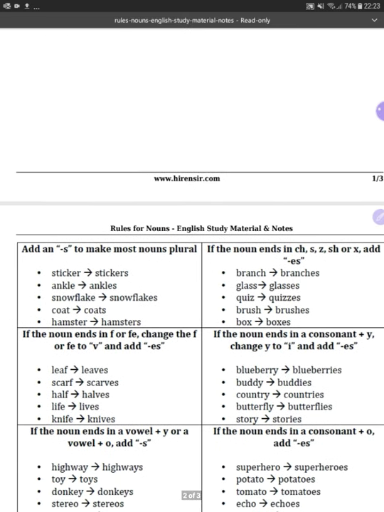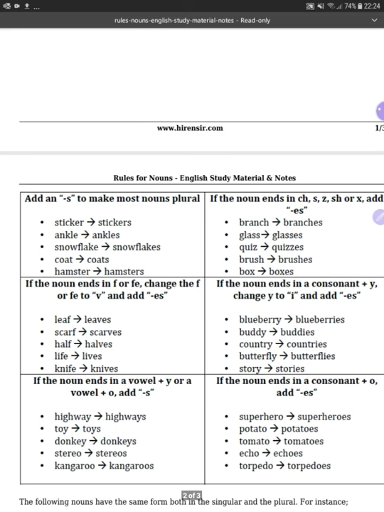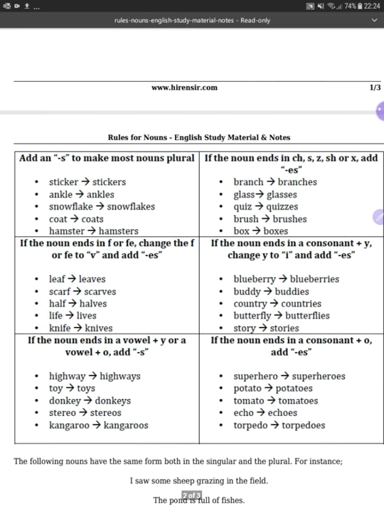I'll tell you some rules for countable nouns, how we change them. You can go through this whole table, and you can learn how to make plural nouns from singular nouns. And the rules for that, I'll read it for you.